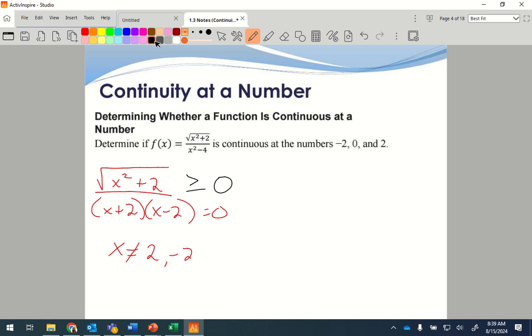Okay, so now I'm going to do the math on this one. So, square both sides.